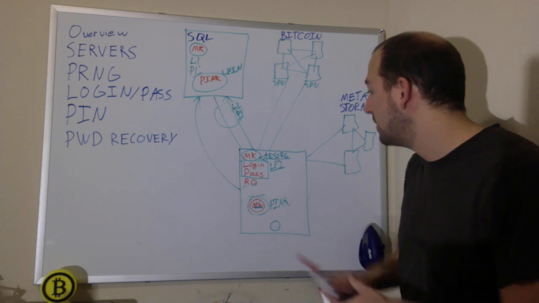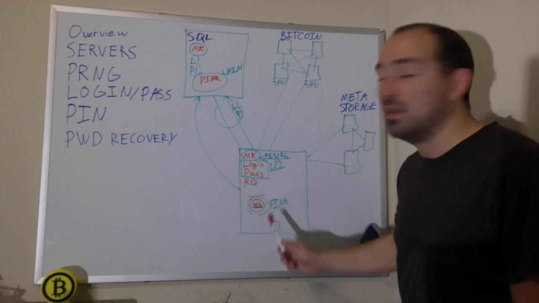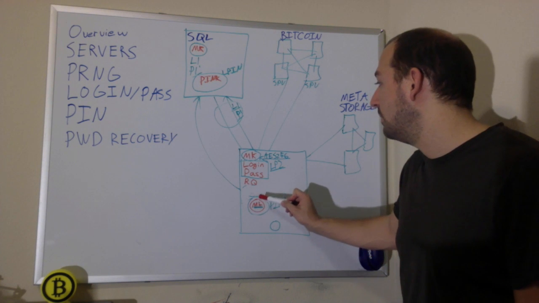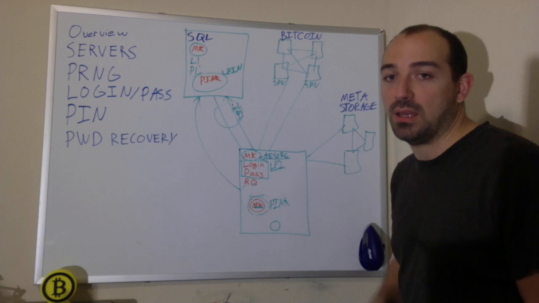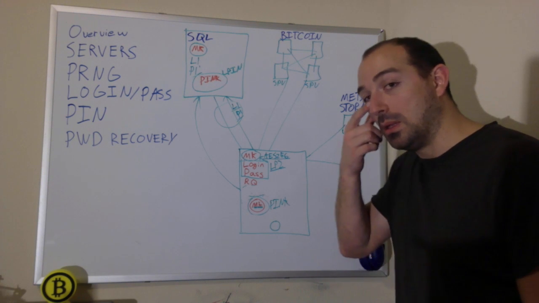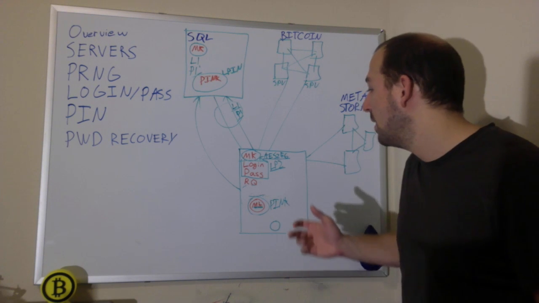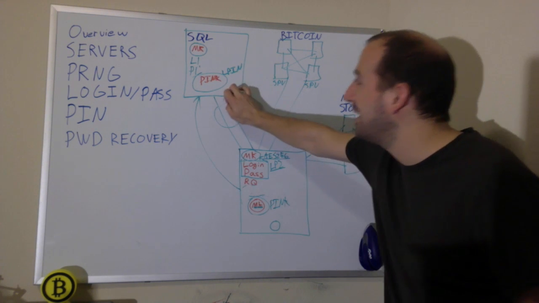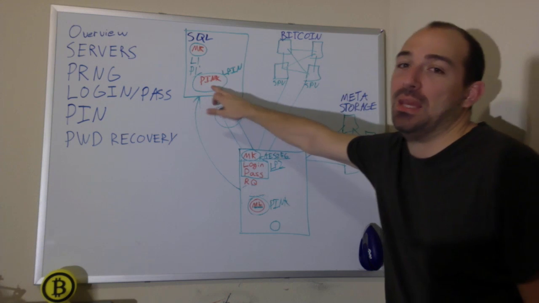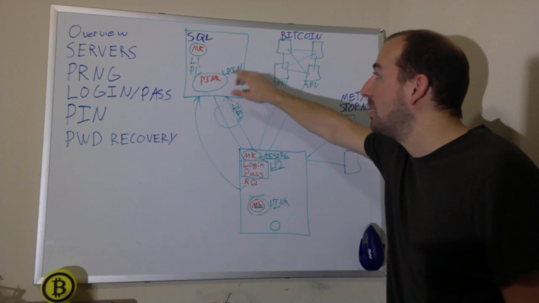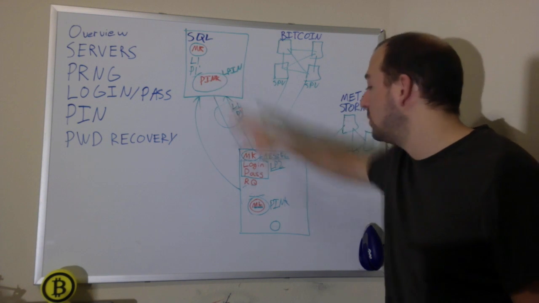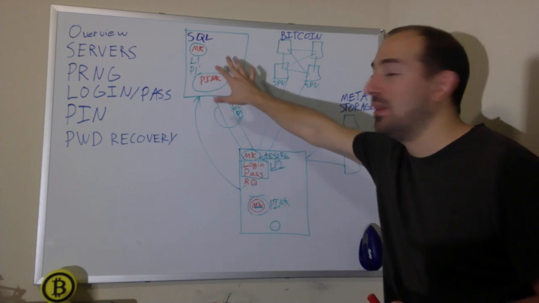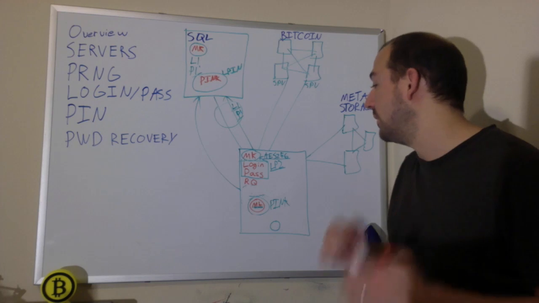And remember, this key, pink, is a very high entropy key, just as secure as MK itself at keeping your Bitcoin wallet safe. So I would have to steal your device and hack into the server and then brute force your PIN, brute force your login plus your PIN to make this work. And so the likelihood of being able to get the device and the server at the same time is very, very, very, very low.